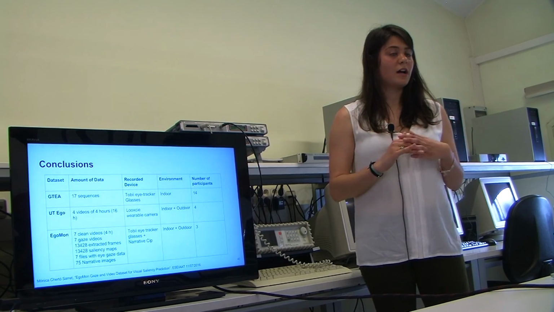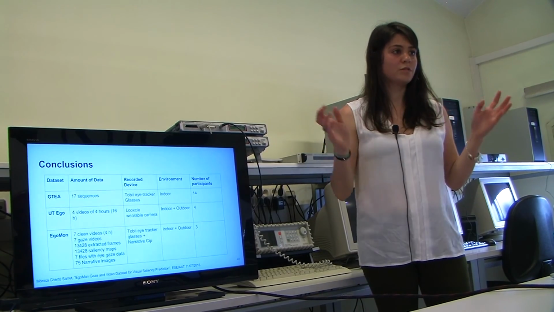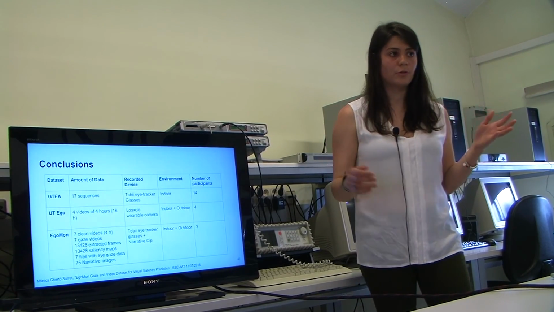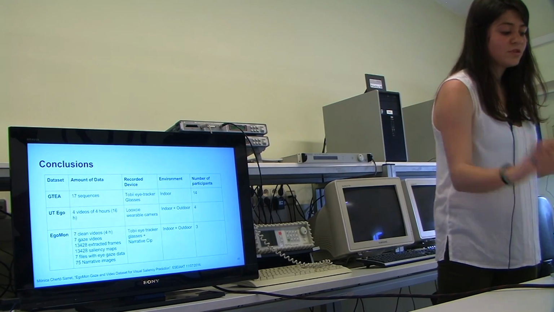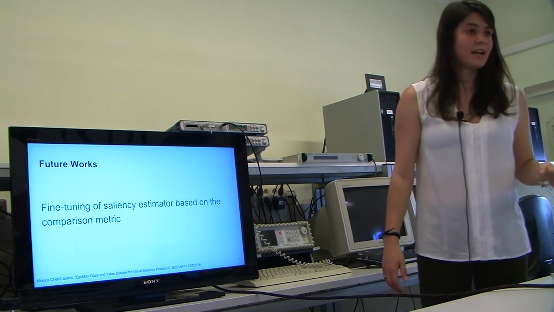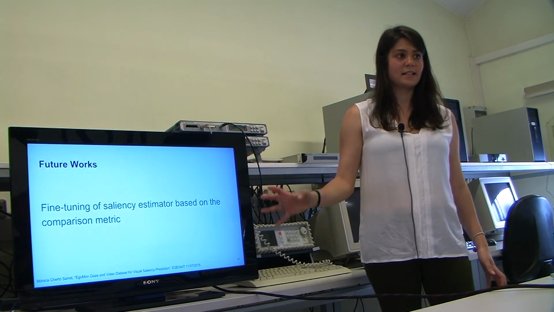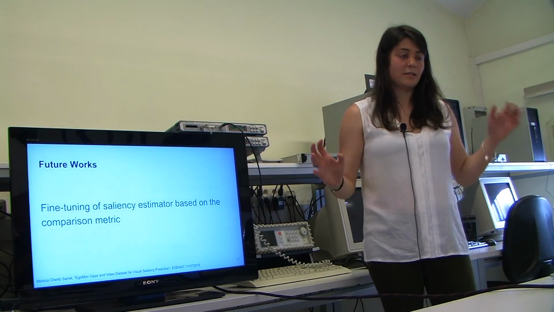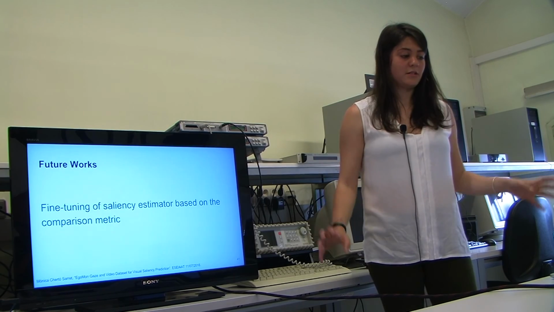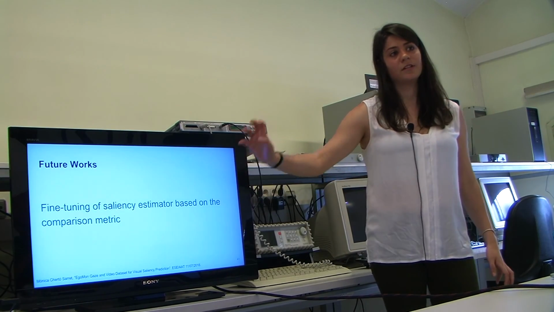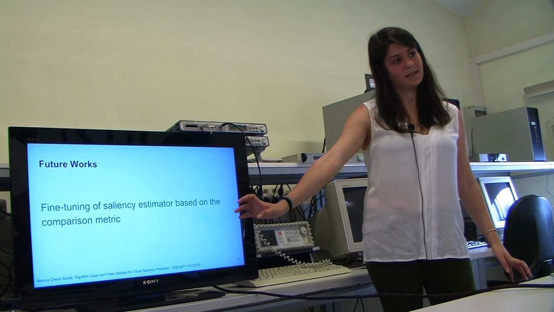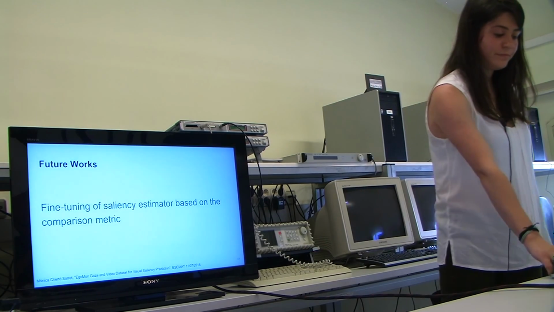So that offers an open window for future work on this project. And the most important is a fine-tuning of the saliency estimator based on egocentric images and based on this comparison metric, the NSS metric.